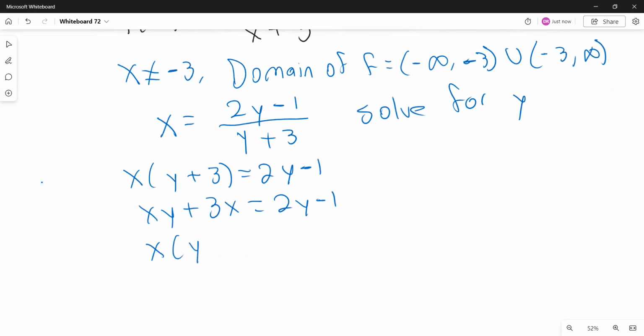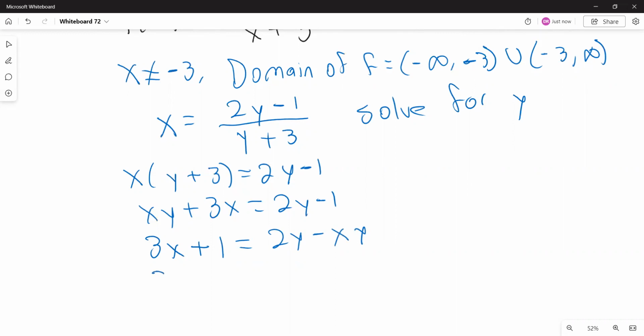Let's see. We're solving for y. So we already distributed that. We're going to write the x on one side and the y's on the other side. So let's bring the 1 to the left, and the opposite of xy to the right.